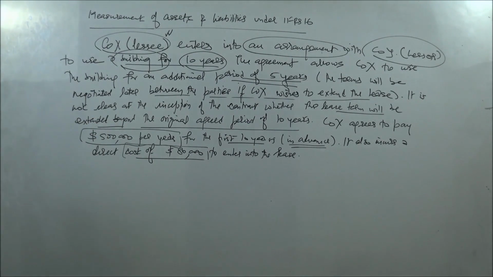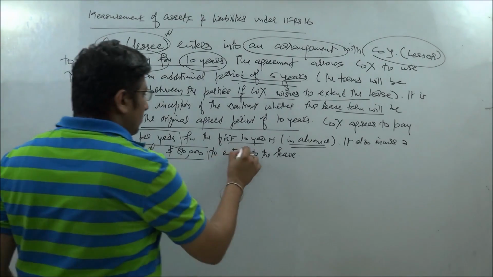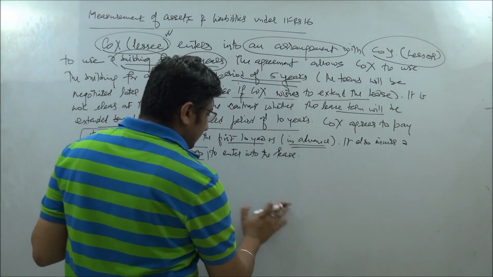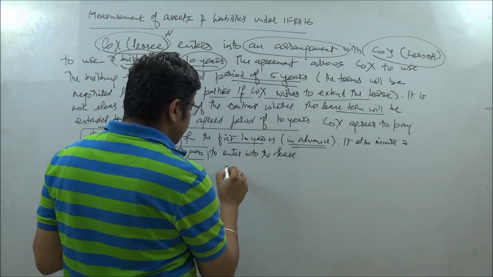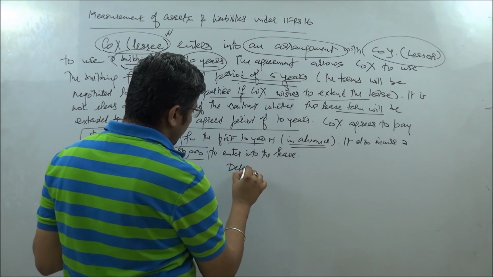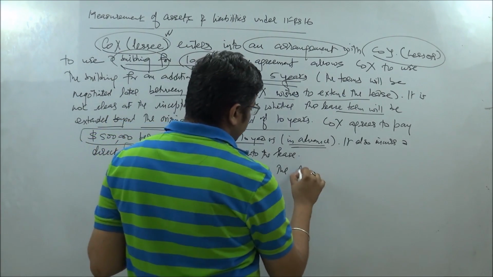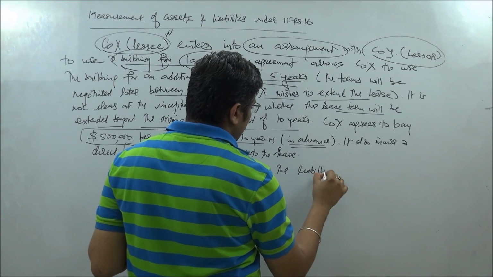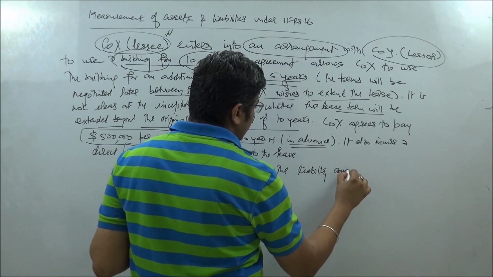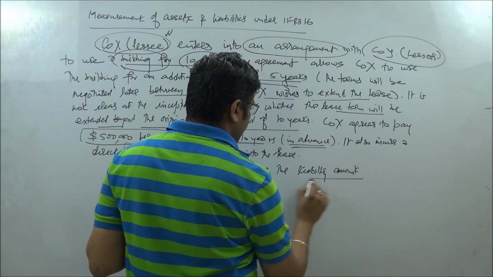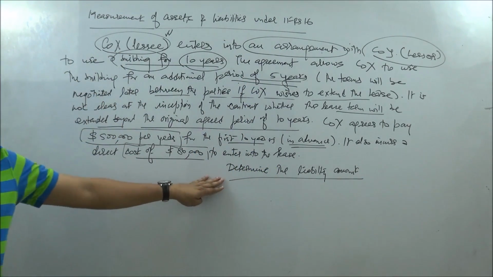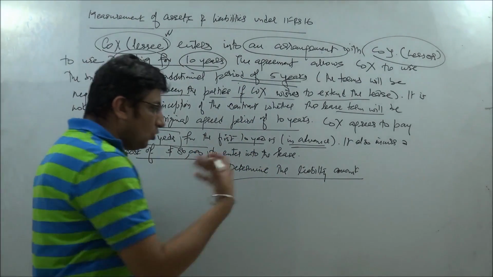Now if I look at it, we have talked about this before in the previous lectures, where we say that first of all, determine the liability amount. Okay, so you need to determine, of course, the liability amount. And how do we do that?